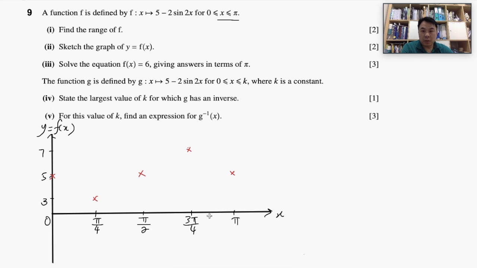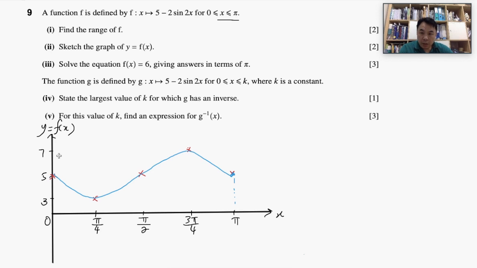You can check with your calculator. So from here, it's pretty obvious that the graph, I might use a different color for this. Let me finish drawing that. The last one is not very accurate, doesn't matter, but roughly it looks something like this.